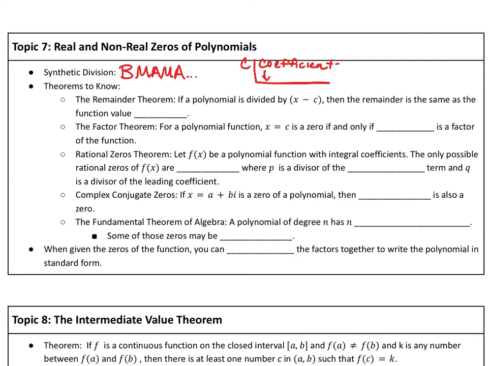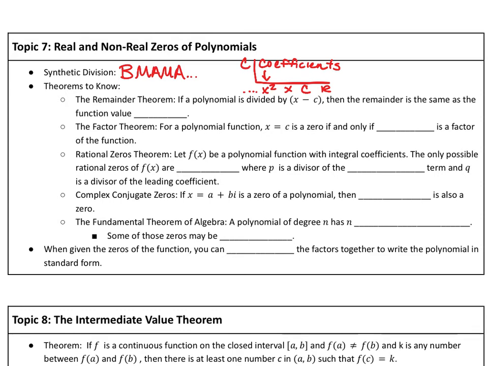You bring down the first coefficient and then do multiply, add, multiply, add, multiply, add, multiply, add until you're ending up with your remainder, your constant, your x, and your x squared term listed in the bottom as your quotient. Now it might get bigger than that, so be ready to keep going with your powers, but that's generally speaking how synthetic division will work.